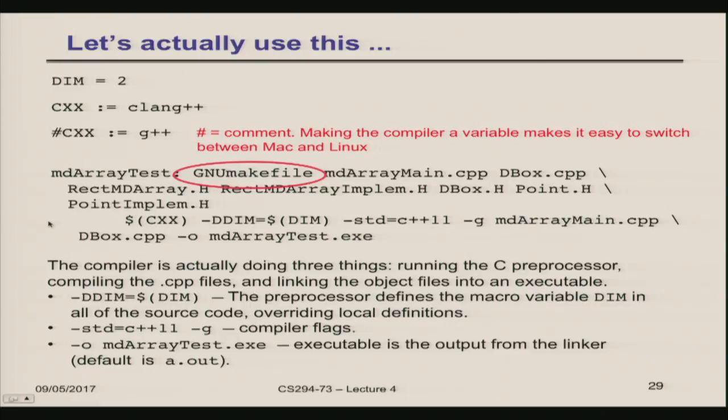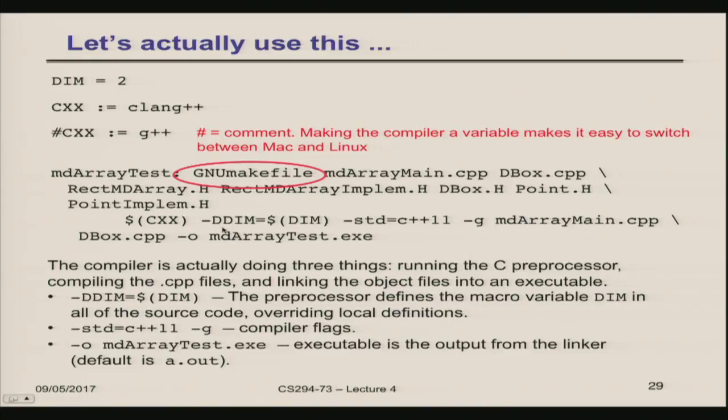So now, new line, tab, and what does the compile line look like? $CXX, so it will take whatever's in this and put it there, so it'll look like clang++. And now I'm passing some information, -Ddim=$dim.